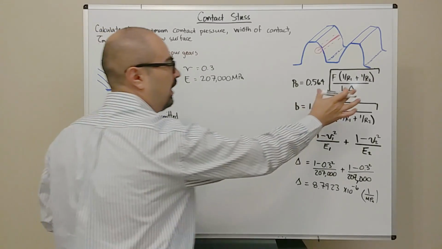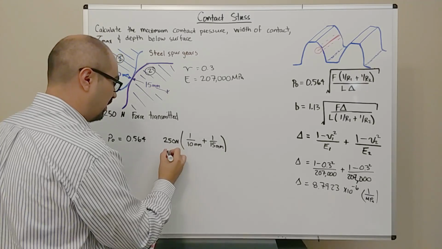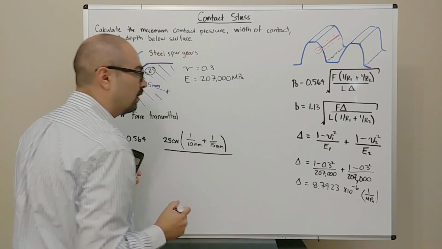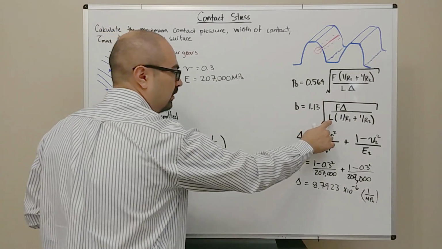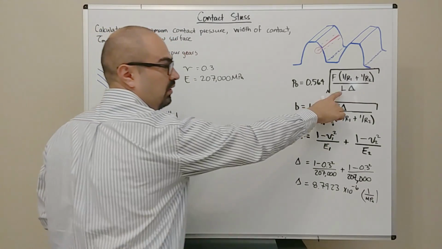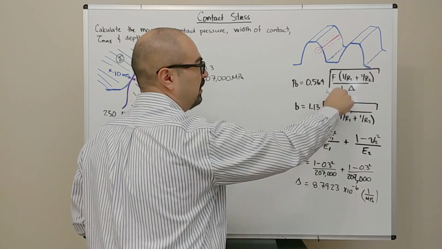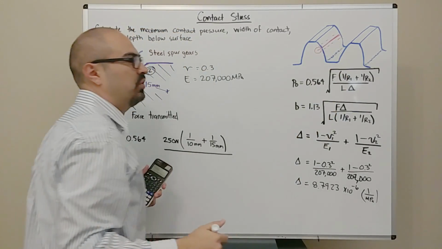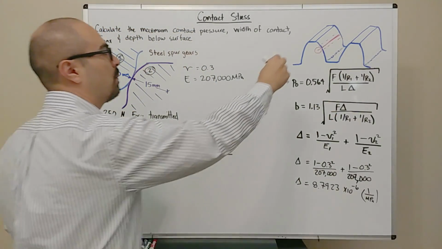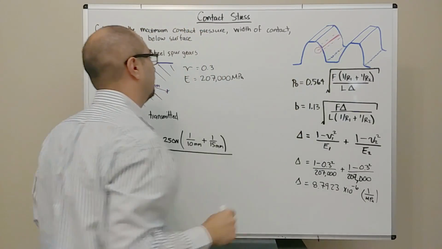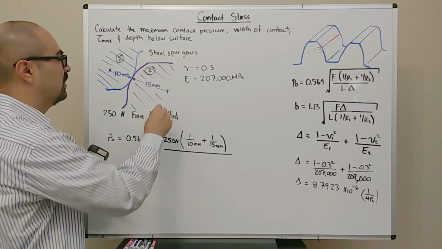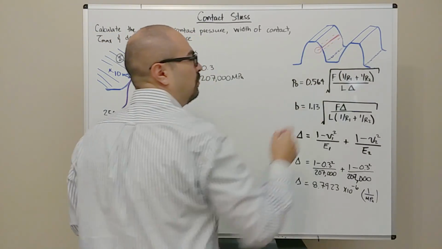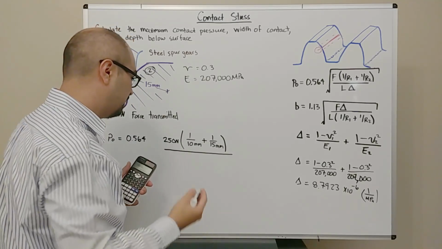So this is what we have on the top. On the bottom, we're going to have the length. The length would be the length of the cylinders, which in this case would be the face width of the spur gears. I don't have one written down over here, but let's just assume that the face width for this gear was an inch, or 25 millimeters.